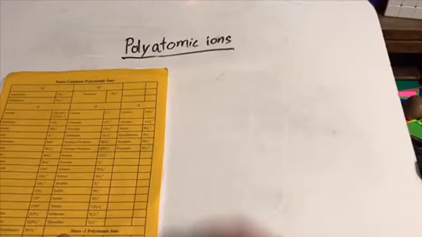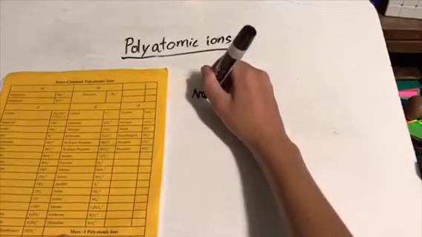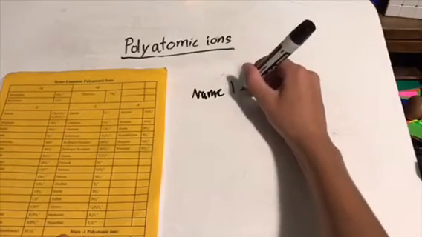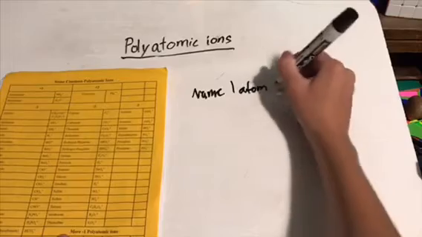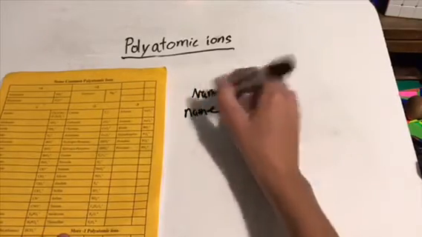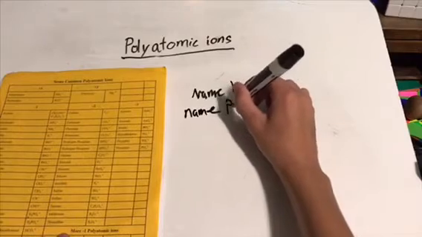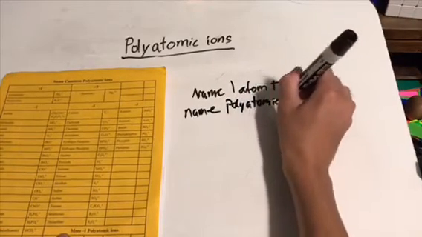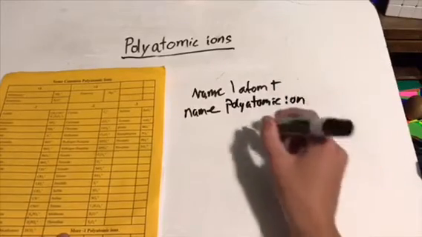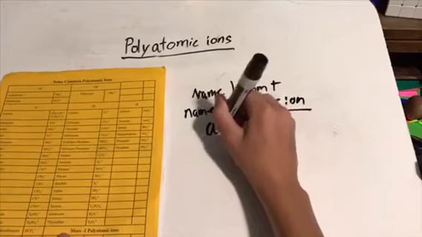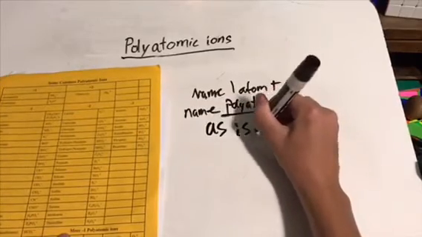You just take the name of the first atom plus the name of the polyatomic ion, and you leave the name of the polyatomic ion as is.